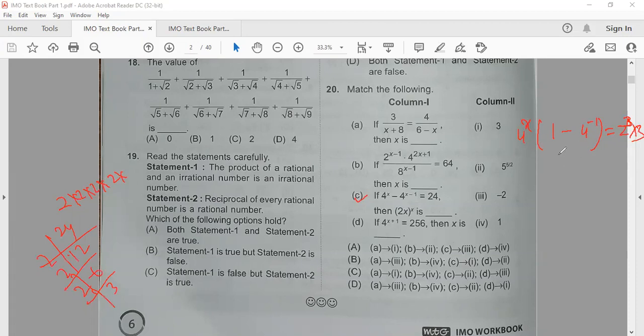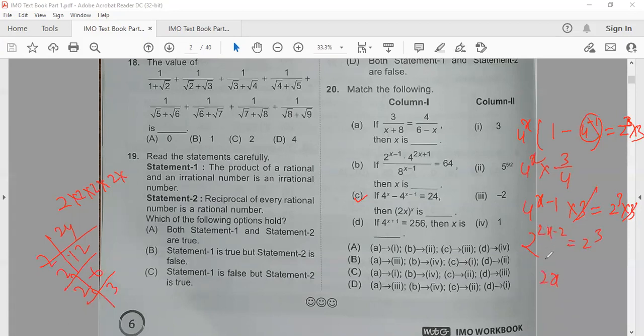So this is 1/4, this gives you 3/4 into 4 to the power x. So 4 to the power x minus 1 into 3 equals 2 to the power 3 into 3. The 3 gets cancelled out. Now this gives 2 raised to the power 2x minus 2 equals 2 raised to the power 3.